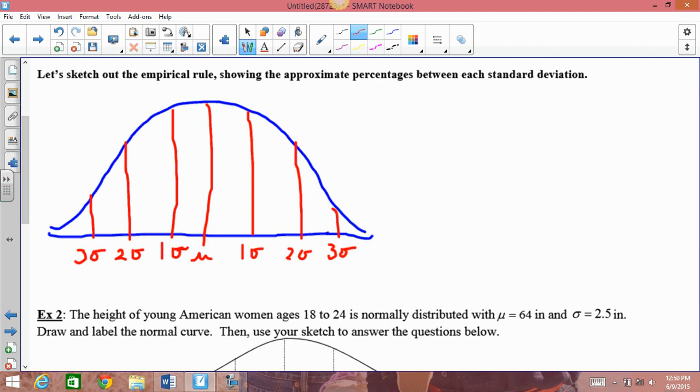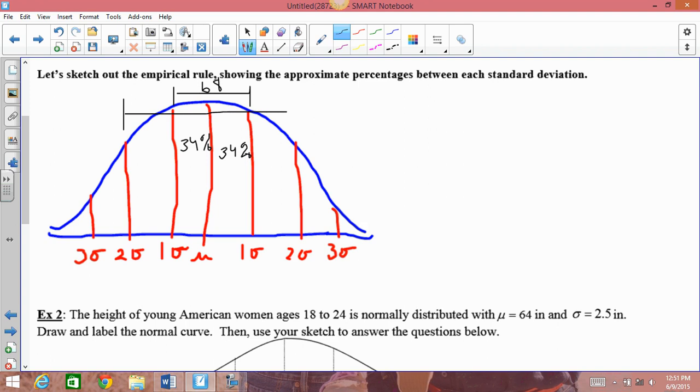And then I'm going to go back up to what my notes were saying. It said that 68% of my data fell between 1 standard deviation below and above the mean. So if that 68% is between 1 standard deviation above and below, that's going to put 34% in each of those rectangles.